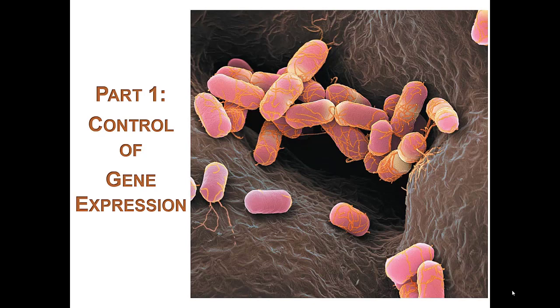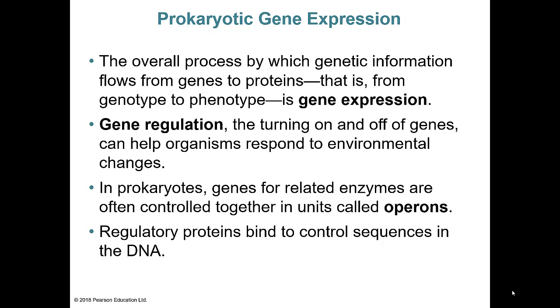How do we go from a cell that has all of these instructions to one that is only expressing certain genes? And when we say they're expressing certain genes, it means that those genes are being turned on and the products of those genes are being made. So first we'll take a brief look at prokaryotic gene expression, because gene expression is quite different in prokaryotic cells versus eukaryotic cells.